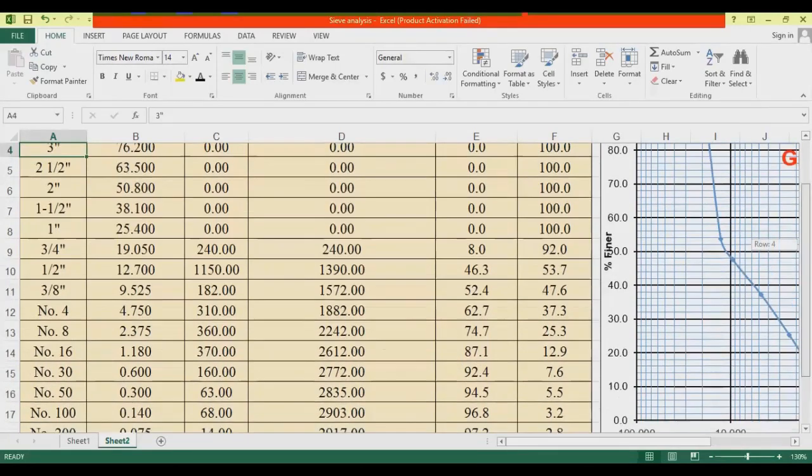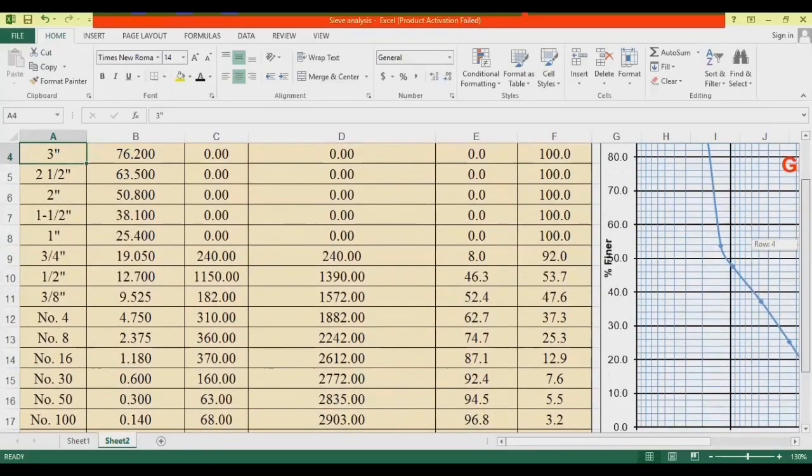Now you can see there are 2 types of sieves. One type of sieve is represented by the size, like 3-inch sieve, 2.5-inch sieve, 2-inch sieve, 1.5-inch sieve, and other sieves are represented by the number, like sieve number 4, sieve number 8, sieve number 16, sieve number 100, and so on.